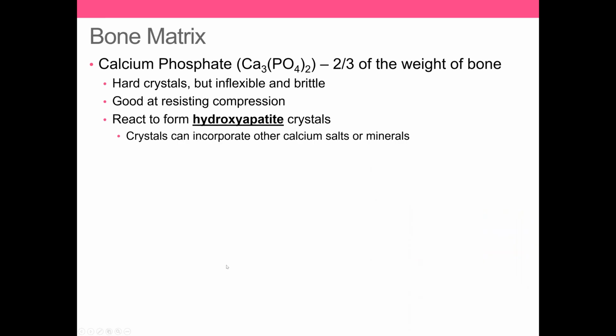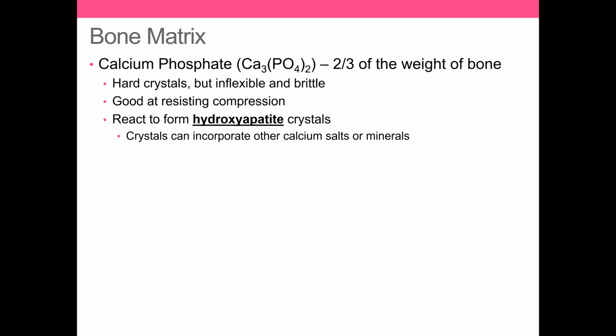So now we're going to go into a little bit more detail than we did in Chapter 4. So we mentioned that the matrix is made up of the collagen fibers and the calcium salts. So to get more specific, 2/3 of the weight of bone is made up of a calcium salt called calcium phosphate. Calcium phosphate by itself forms very hard crystals, but the crystals are inflexible and brittle and can break easy.